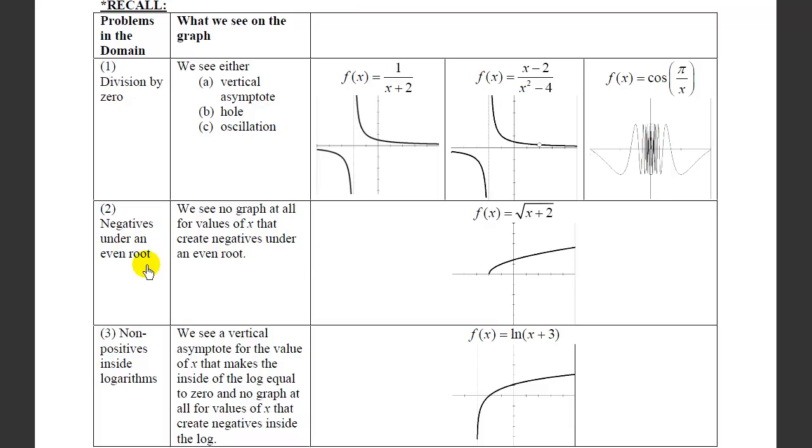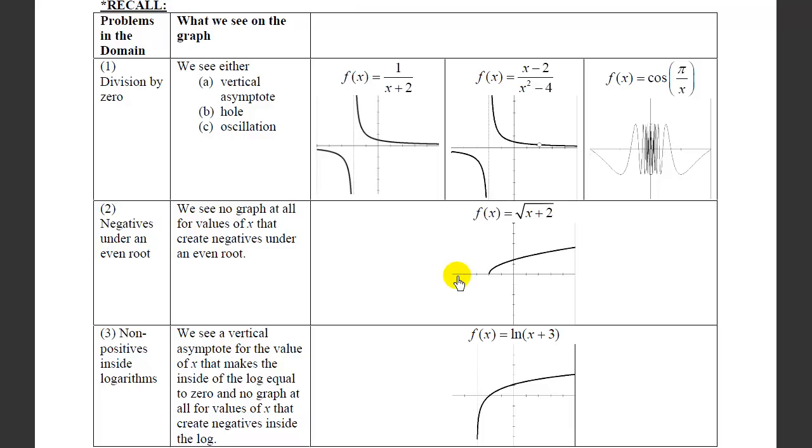We also have negatives under even roots. Now, with root functions, when you try to put numbers in that are not in the domain, you don't see any graph at all. So you don't get a vertical asymptote with this type of a problem. Instead, you just get an abrupt end to the graph and then nothing else to the left. So these negatives under even roots, even though they're problems in the domain, they are not going to generate vertical asymptotes for you.